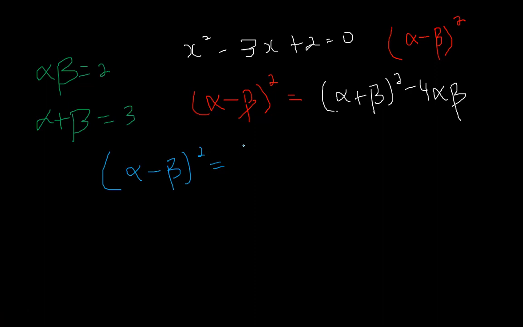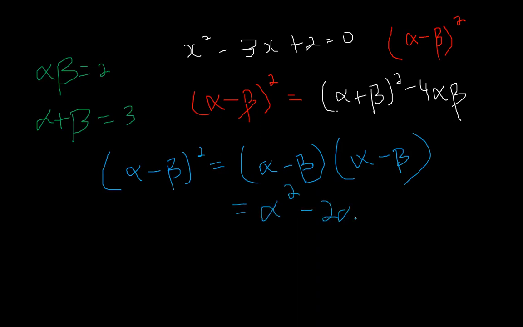So for anybody who doesn't understand where that came from, this is the same as alpha minus beta times alpha minus beta. This is the same as alpha squared minus 2 alpha beta plus beta squared.